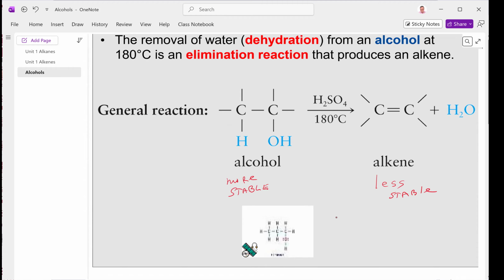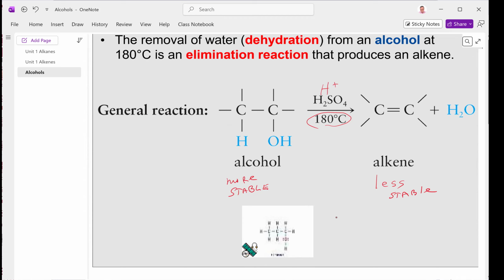All right, I said alkenes are unstable. Alcohols are stable. That's why it's easy to make an alcohol from an alkene. If we want an alkene from an alcohol, we have to add a lot of energy, high temperature. That is very hot, 180. Very hot. And basically what happens is, this is called an elimination reaction.